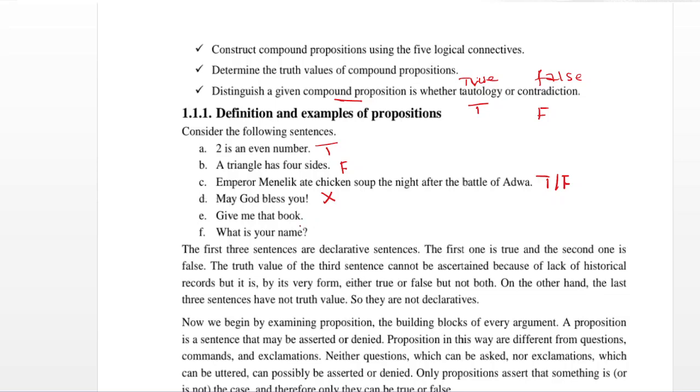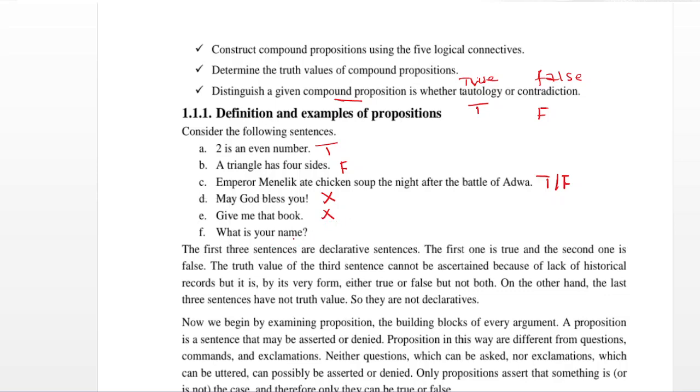When you say give me the book, it is not a proposition. Is it true or false? No, it cannot be said. It cannot be said whether true or false. So it is not a proposition. It is an imperative sentence. This is an order.